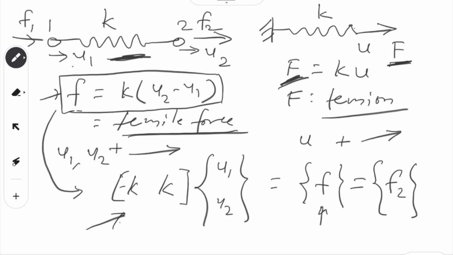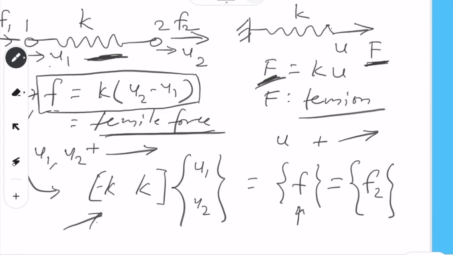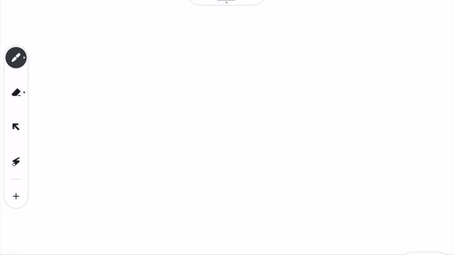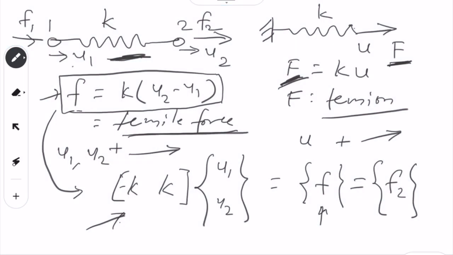If we now draw the right figure differently, we will fix the right hand side and give a force here, and then we can write accordingly, right. So we can relate that way.